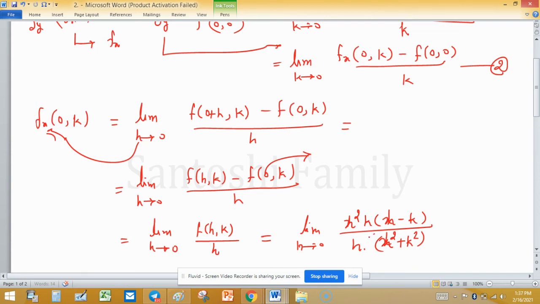Now one power of h cancels out, so this equals the limit as h tends to 0 of hk(h minus k) divided by h square plus k square.